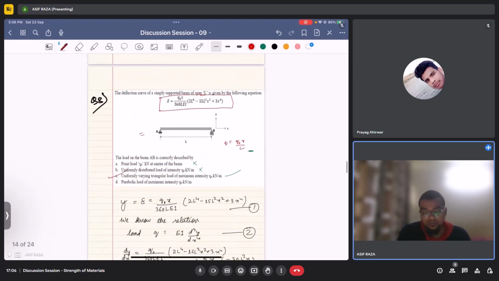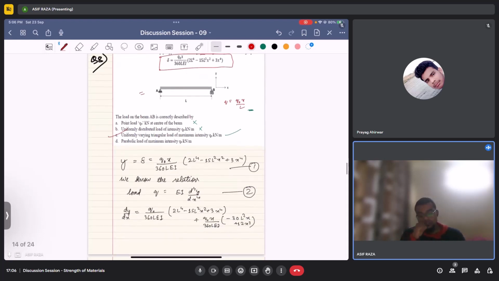So the question was, we were given the deflection curve of a simply supported beam of span L. We need to find the loading condition for which we get this deflection curve. First, we wrote the deflection curve itself, and we know the relation of the loading with the deflection curve is equation number 2, that is q equal to EI times the fourth derivative of the deflection curve with respect to x.